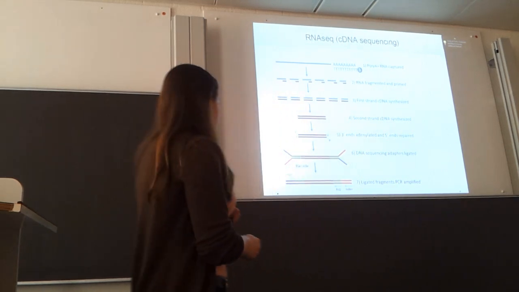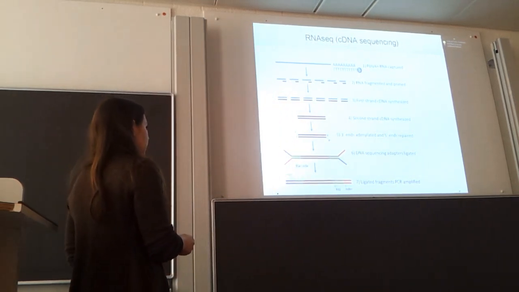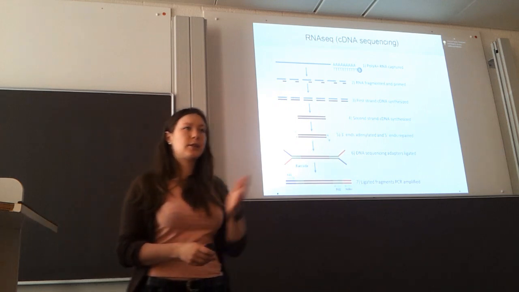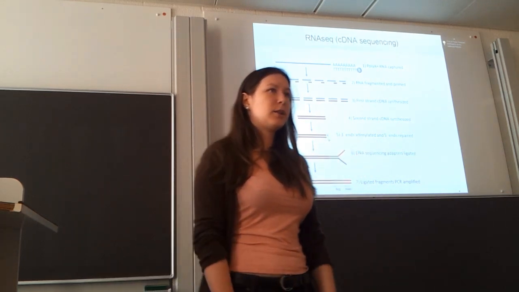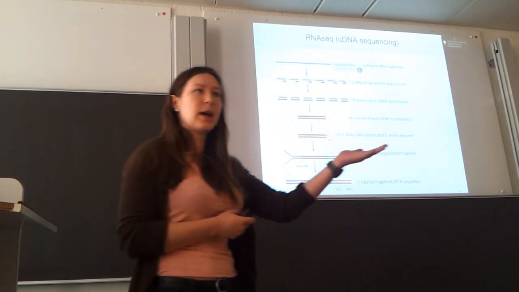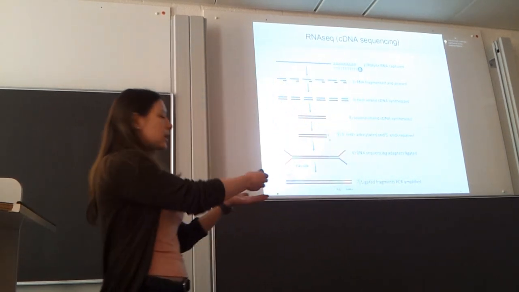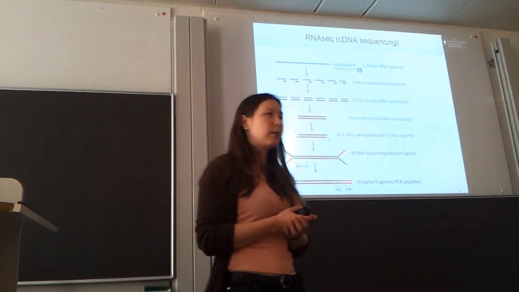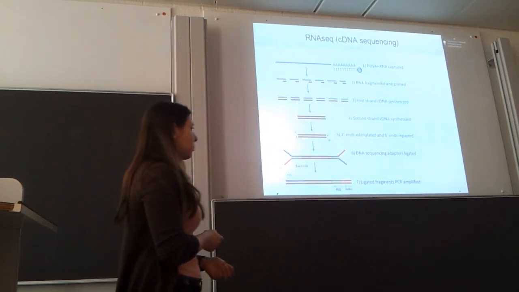At the end, we finalize by addition of adapters that are complementary to adapters located on a slide that is generated by Illumina, right? So on the slide, we have adapters, so we hybridize our generated cDNA sequences to the slide, and then we start our PCR amplification.